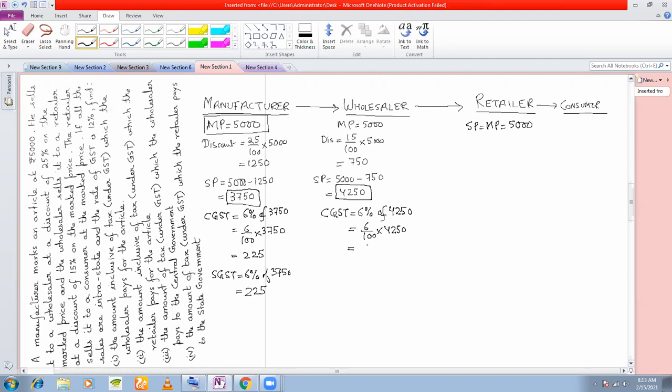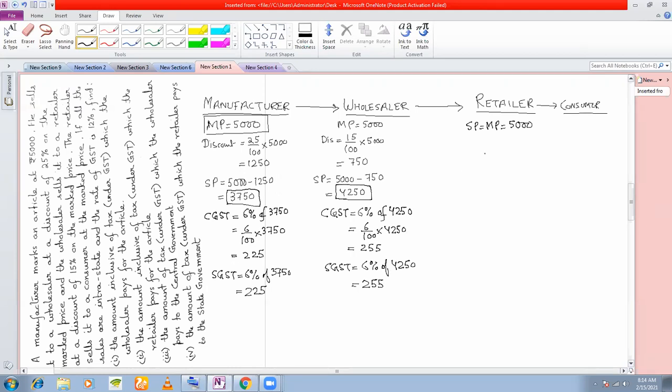This comes to 255 rupees. Similarly, SGST is 6% of 4,250, which, you calculate similarly, to be 255 also.